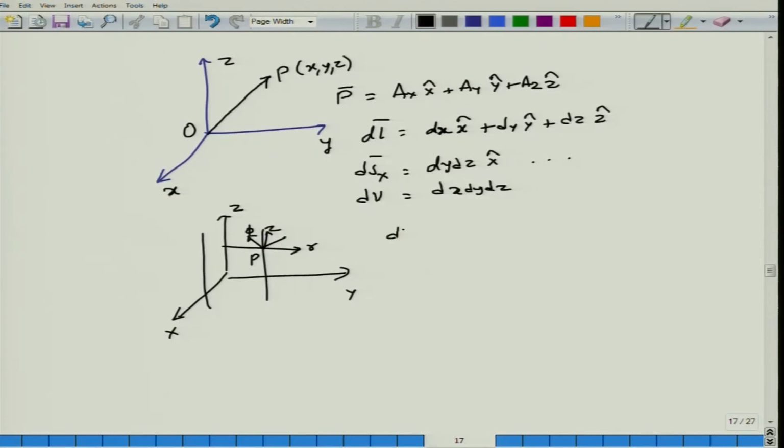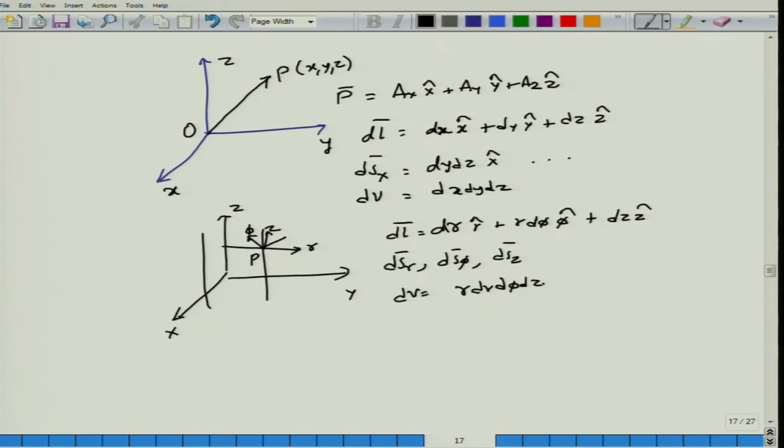Again, we have seen the line element. This would be dr r hat plus r d phi phi hat plus dz z hat. You can also write down ds r, ds phi and ds z as the 3 oriented area elements, and the volume is of course given by r dr d phi dz.